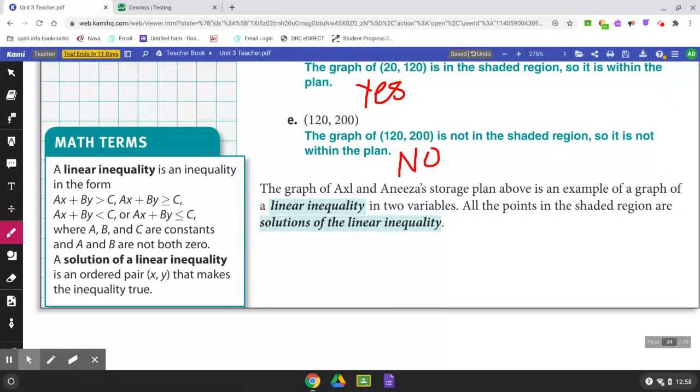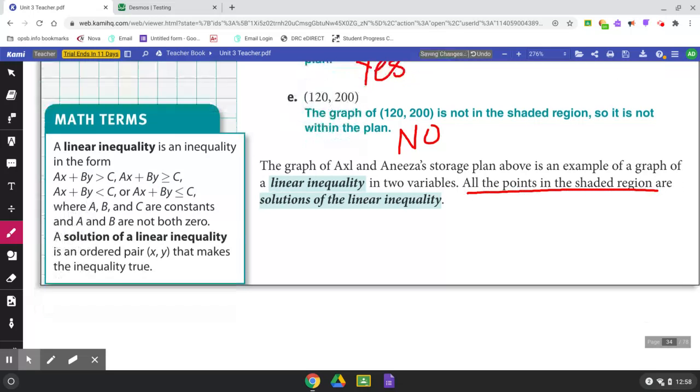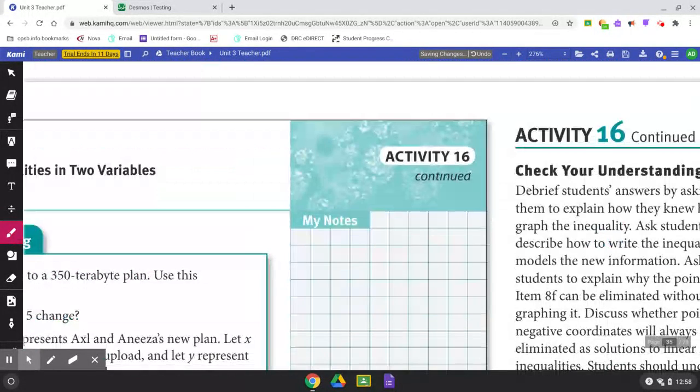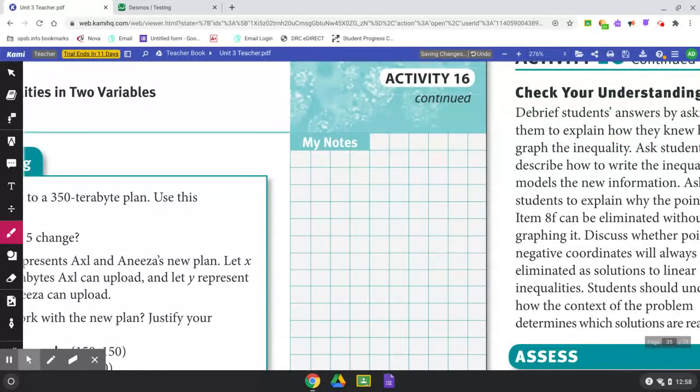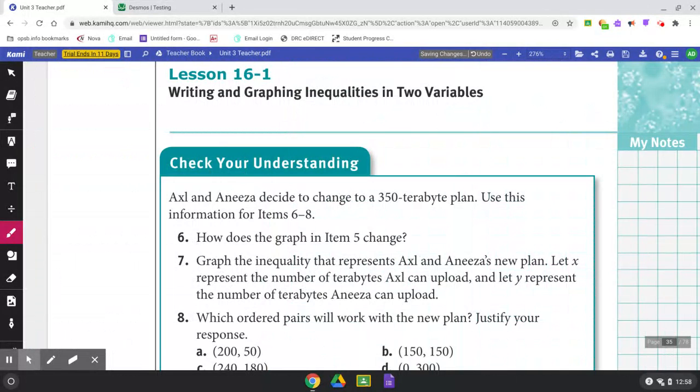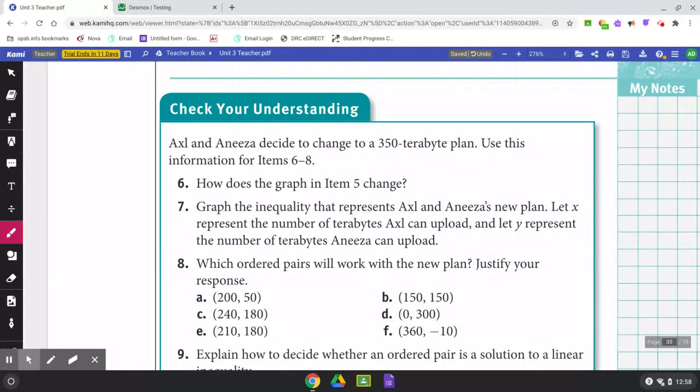All the points in the shaded region are solutions to the linear inequality. One other piece of information that you need to know is all points that lie in the shaded region are on the solid line, and we'll get into more of that in the next lesson.